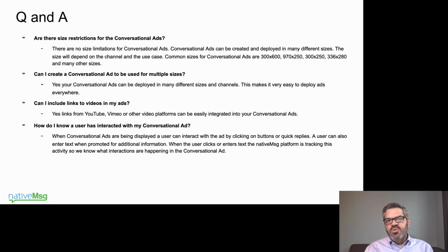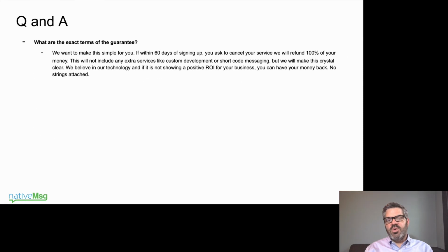Once your user actually interacts with or touches the ad, that's how we know that someone is interacting with it, because they're pressing a button. They're making a choice. They're asking a question. They're beginning the customer journey. And once that happens, we know that we have a real user. We know that there is a real person on the other side that is clicking and interacting inside of that ad.